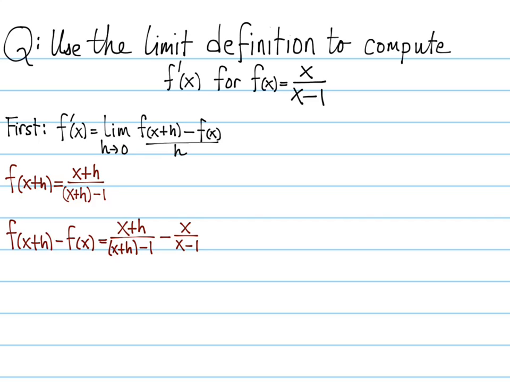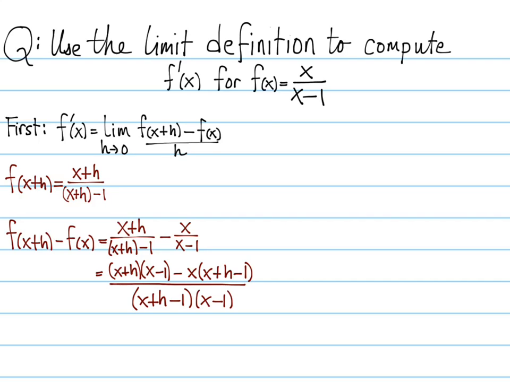And if I were to subtract f of x plus h minus f of x, what I'm going to get is the fraction I just computed, which is x plus h over x plus h minus 1 minus x over x minus 1. And if you get common denominators in order to subtract them, you get x plus h times x minus 1 minus x times x plus h minus 1 all over x plus h minus 1 times x minus 1.